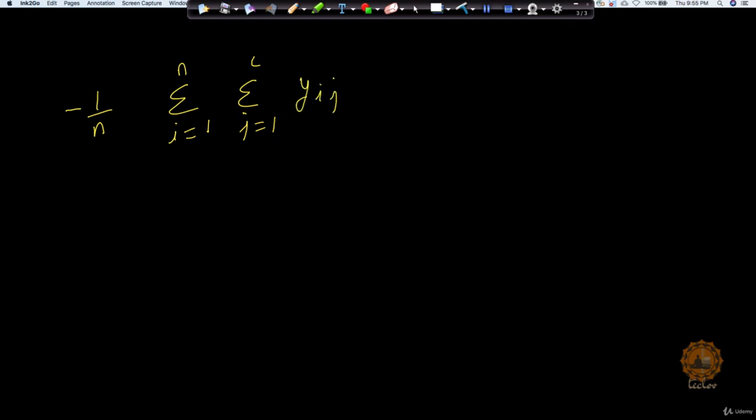For my multi-class log loss, I'm going to say 1 over n, running again over all the rows, but this time over my classes, from 1 to C. And here I'm going to put yij, which is going to be equal to 1 if my xi belongs to class j, and otherwise it's going to be 0.